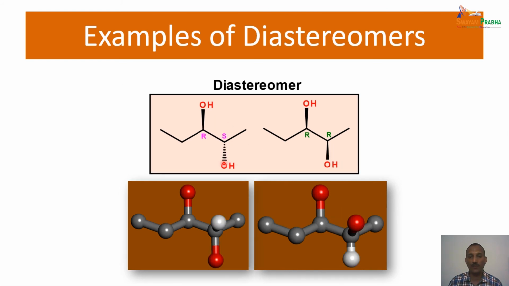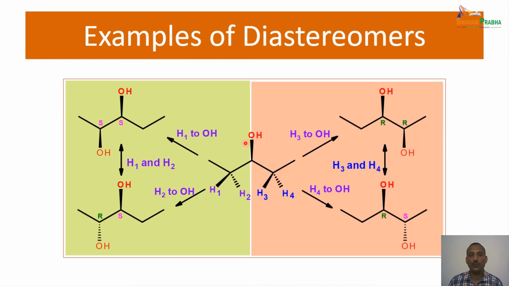Here is another example. In this particular case again, the hydroxyl is pointing downwards or towards the observer. We can have two compounds which are diastereomers. Like the previous one, we can see here how the replacement of the groups leads to diastereomers.